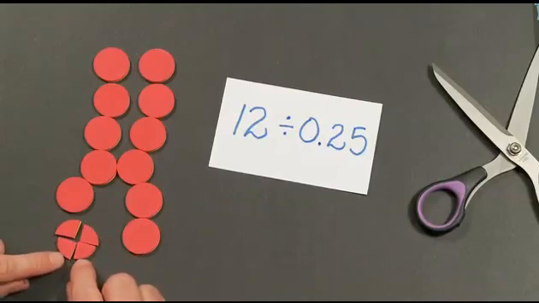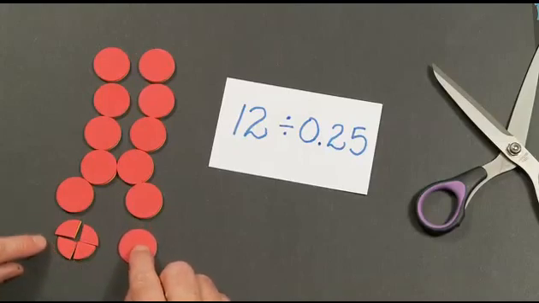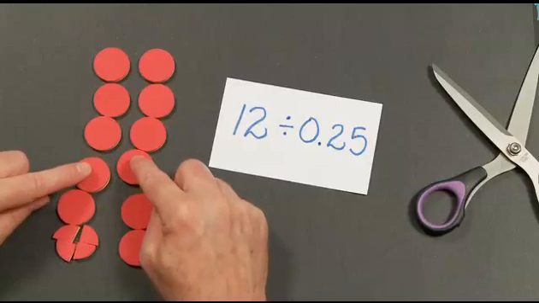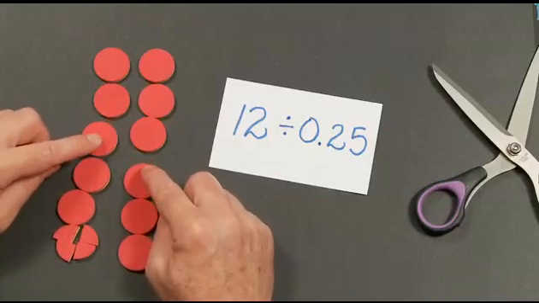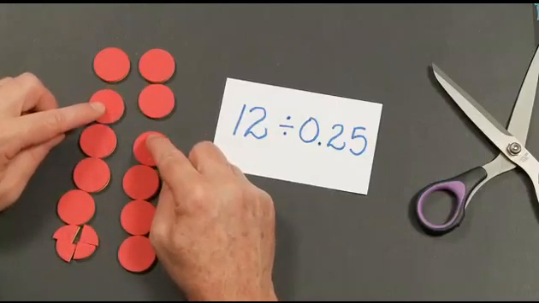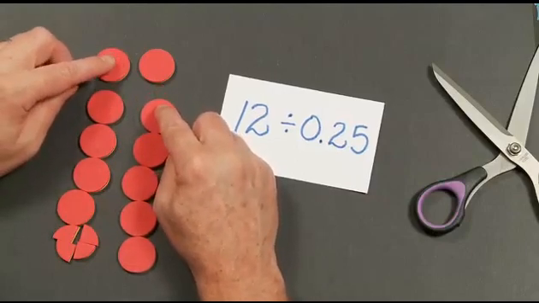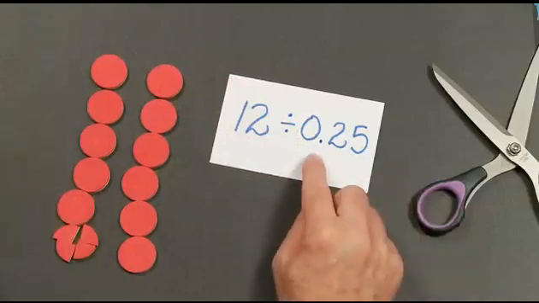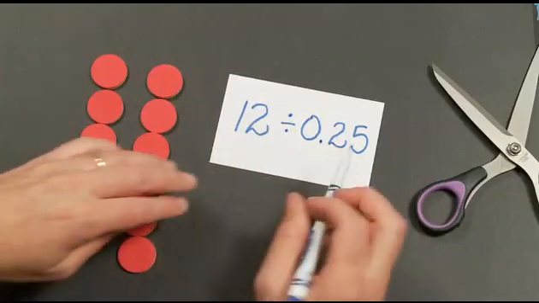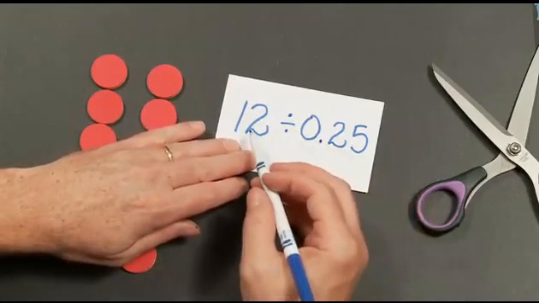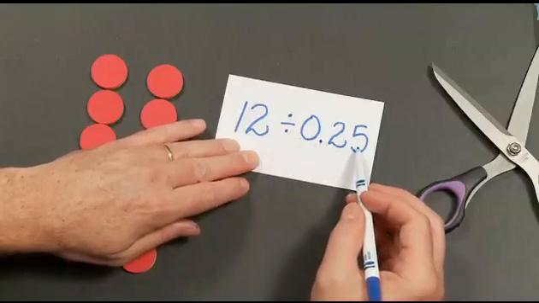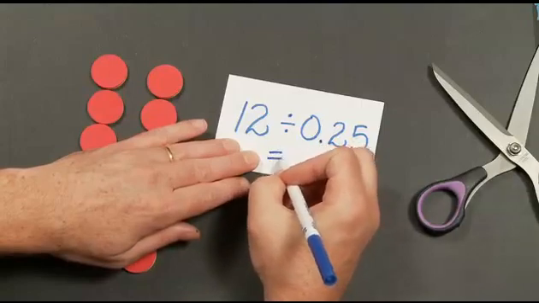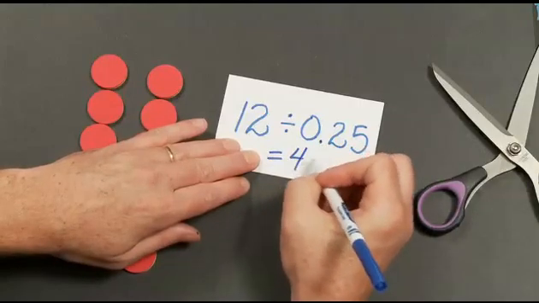So out of this one, I can make 4, 8, 12, 16, 20, 24, 28, 32, 36, 40, 44, 48. 12 divided by 0.25, 12 divided by 25 hundredths, 12 divided by 1/4 equals 48.